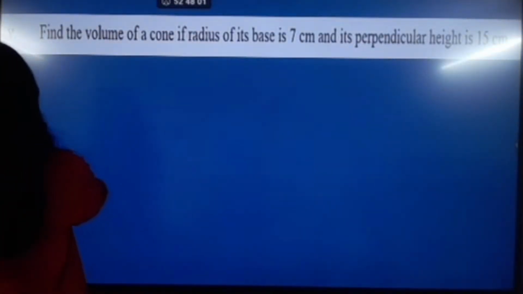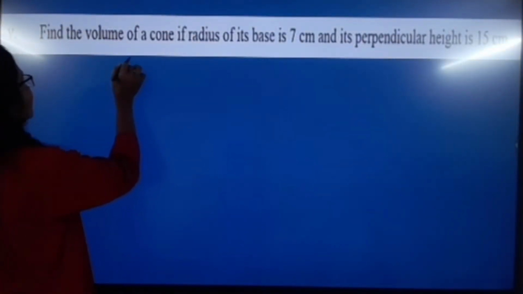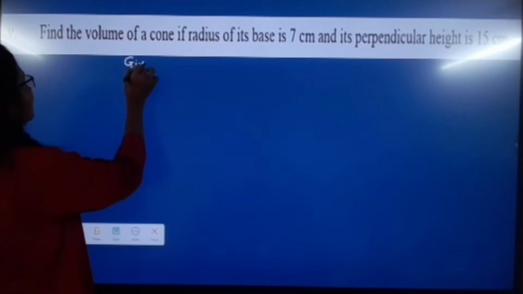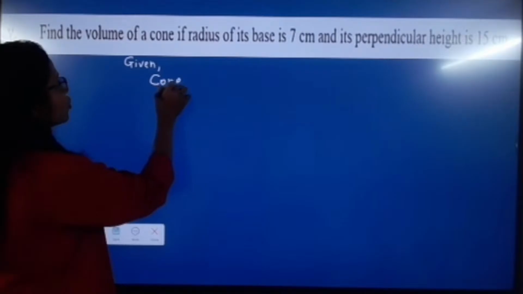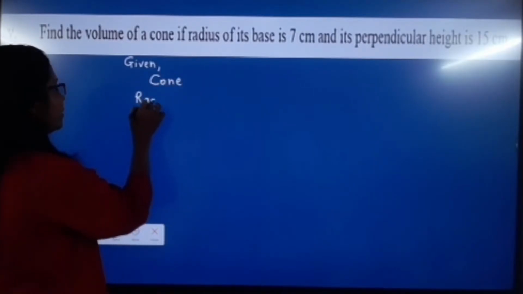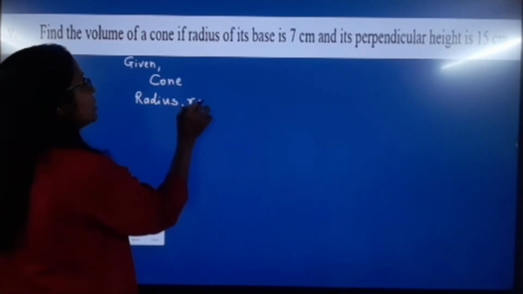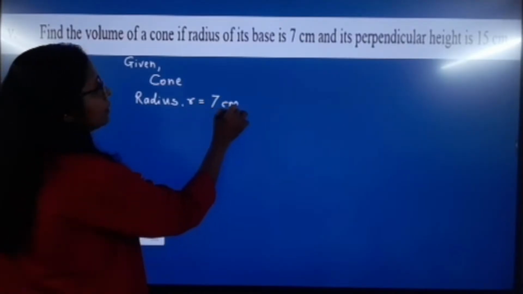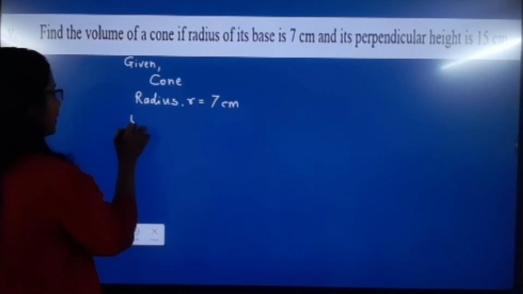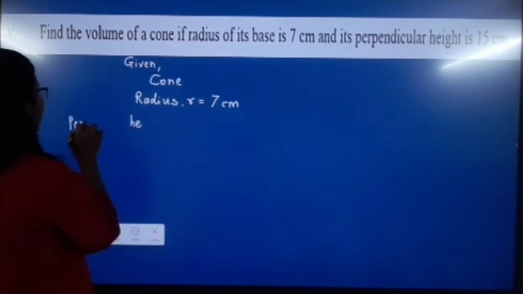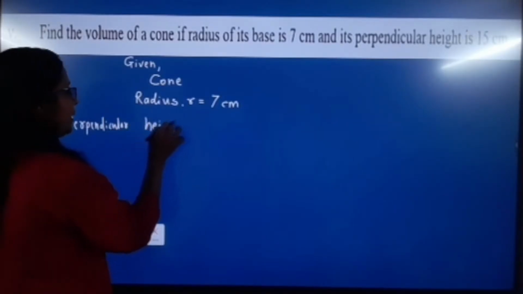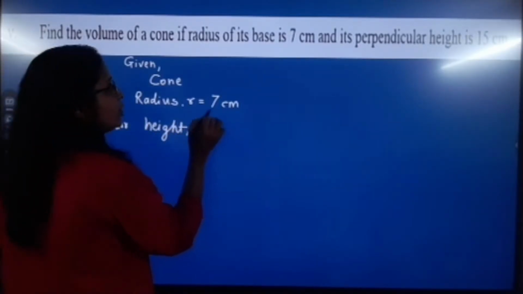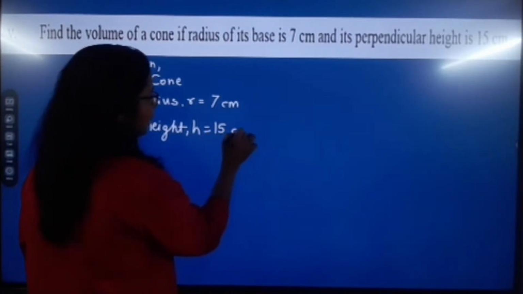So here given is that the figure is a cone, and here radius, that means we say r, is equal to 7 centimeter. Then perpendicular height, that is called h, which is equal to 15 centimeter.